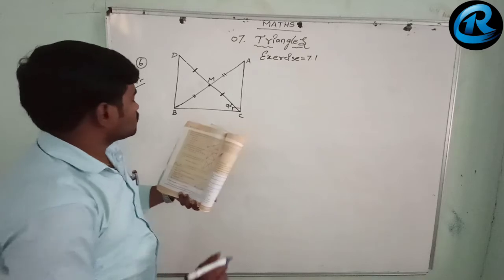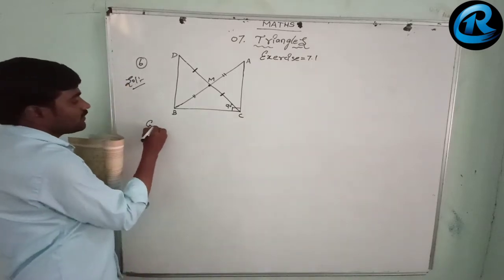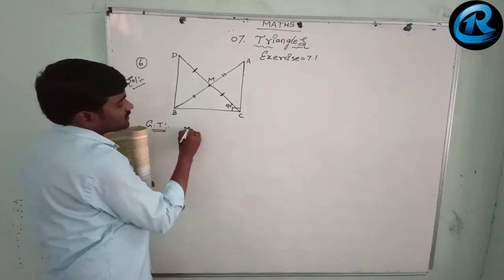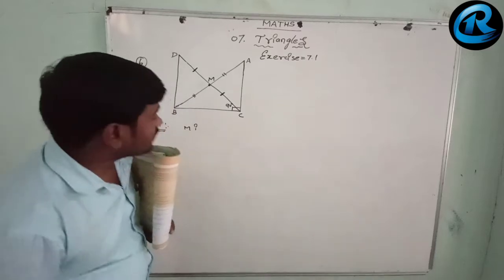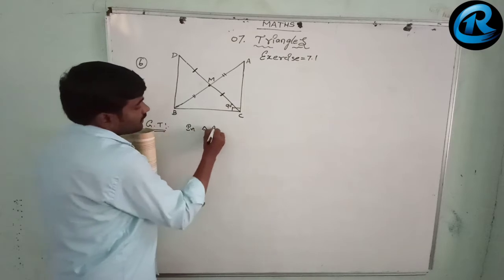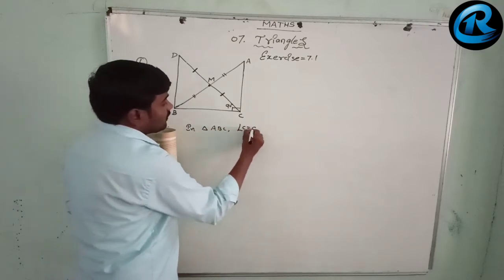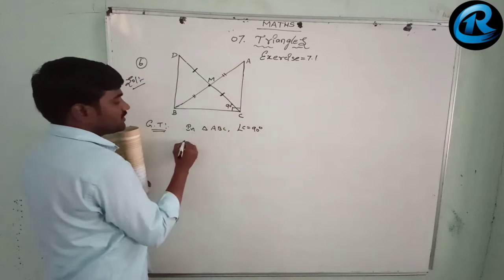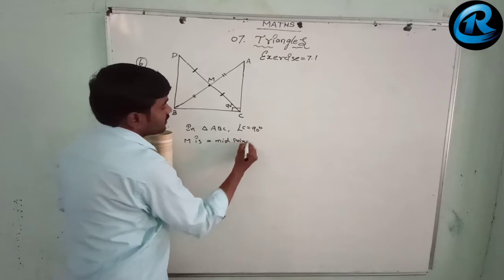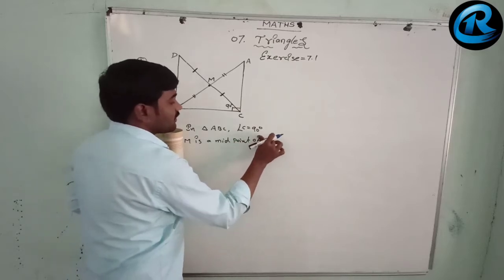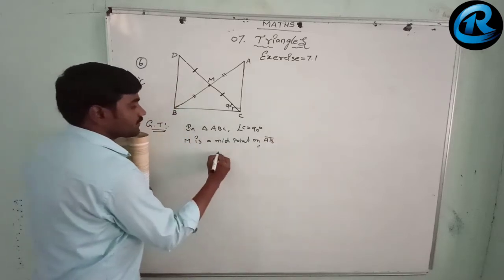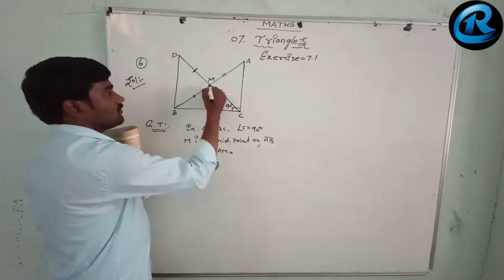Now the given: ABC is a right angle triangle. In triangle ABC, angle C equals 90 degrees, and M is the midpoint of the hypotenuse AB, so that AM is equal to BM.